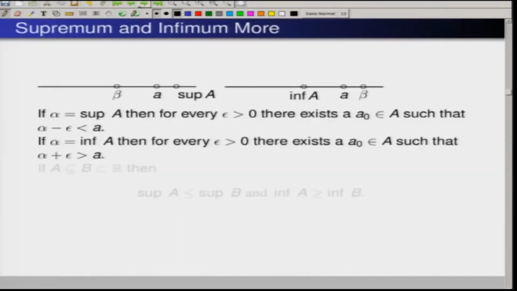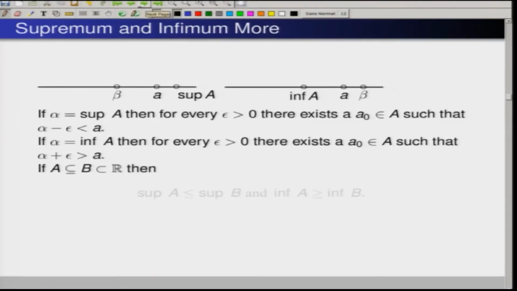And so, there will definitely be an element A naught of this set which is bigger than this. Similarly, if alpha is the infimum, then you take any positive epsilon. If you take alpha plus epsilon, then there will definitely be an A naught which is less than alpha plus epsilon.